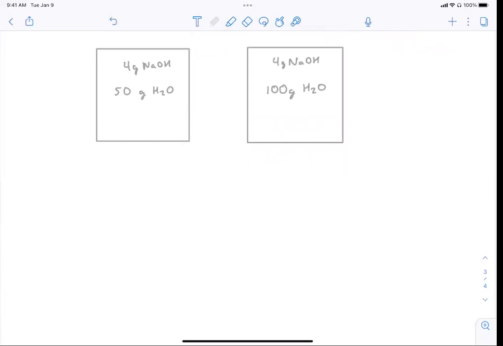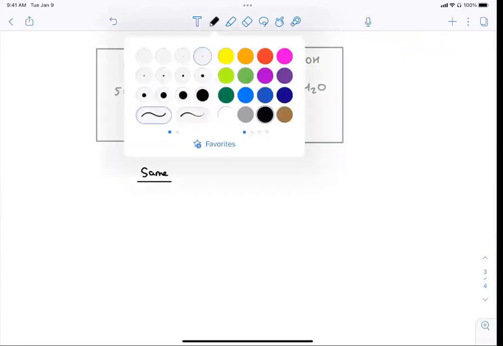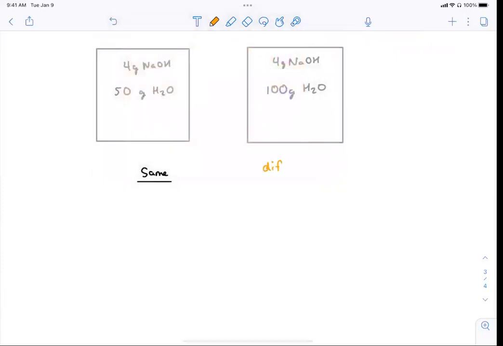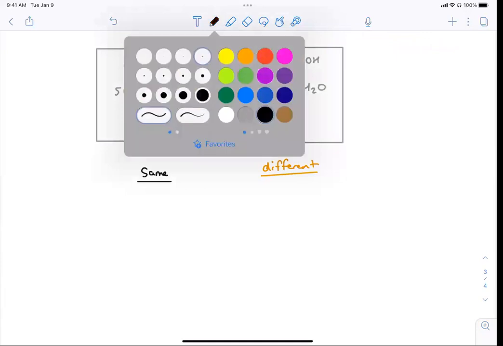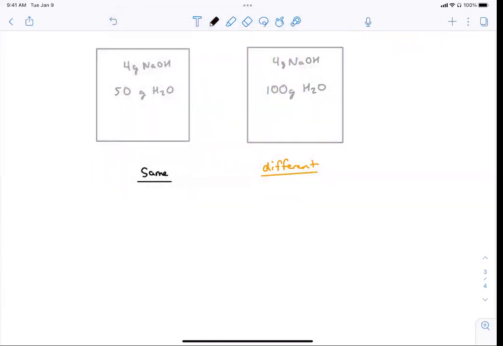So let me ask you this. What values are the same in these two systems, and what values are different? Can anyone give me one value that's the same or different? There's a difference in pressure because there's more liquid.